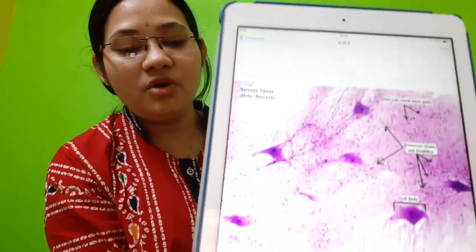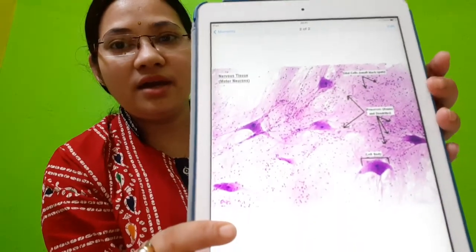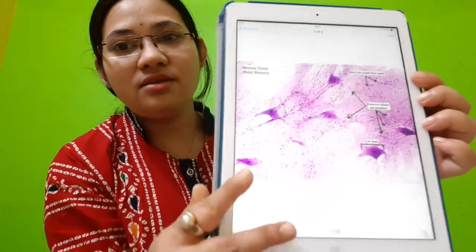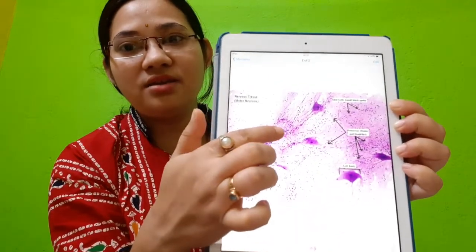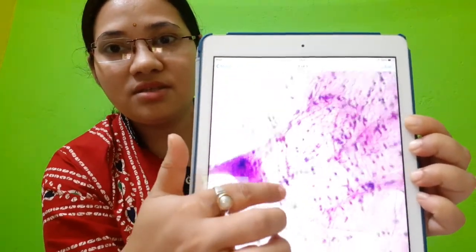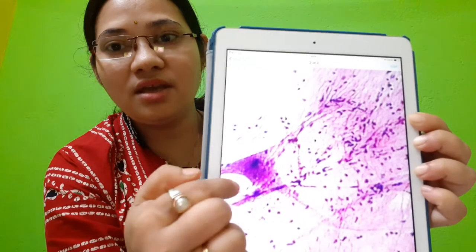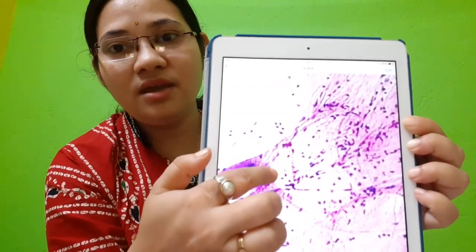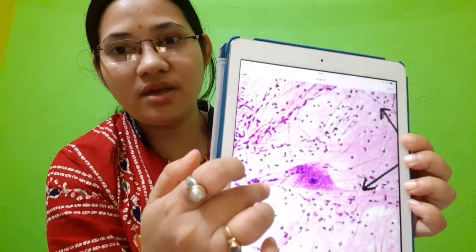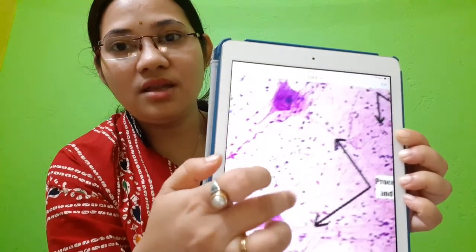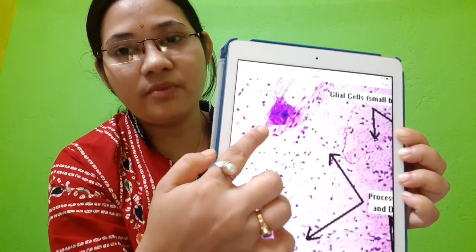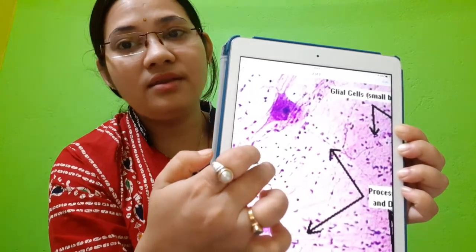So in some of the places you can see that they are the processes. These are the processes. Okay, and these are some of the axons and dendrites and dendrons. So these are the axons. The biggest process is the axon, and the small ones are the dendrites and the dendrons. So if you see the diagram, okay, this is the cell body. Okay, so one of the processes is the axon, and the rest of the processes are dendrons and dendrites.